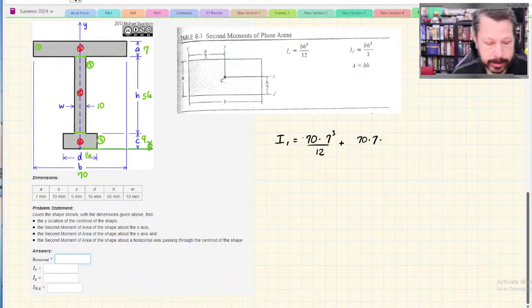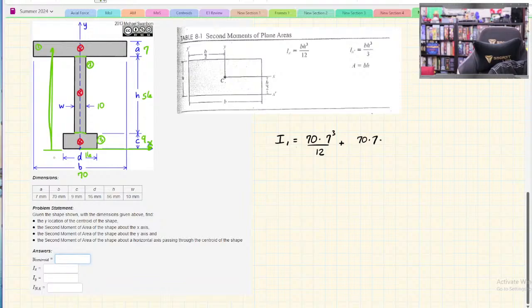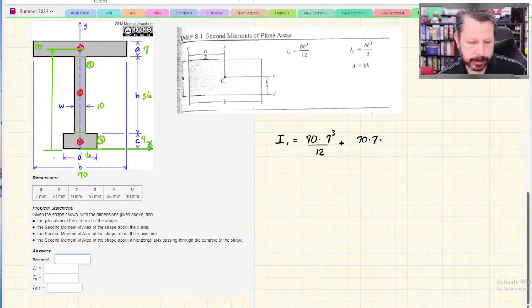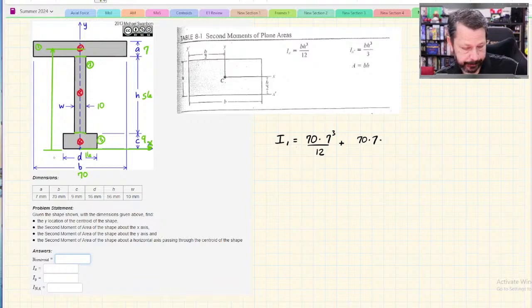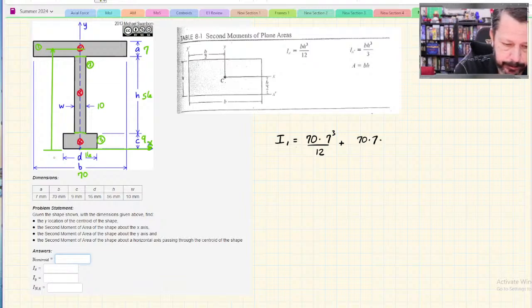This y is the distance all the way up to here. That distance looks like C plus H plus half of A. So 9 plus 56 plus 3.5, 68.5.